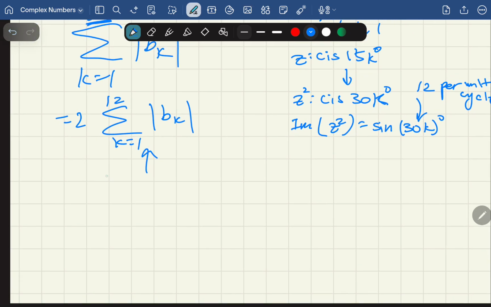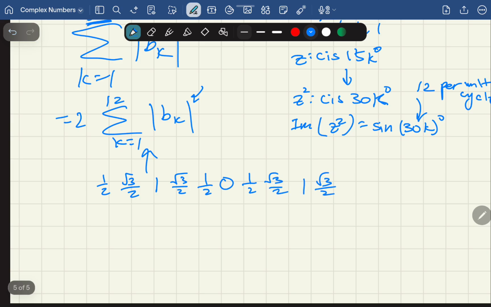If we start at k equals 1, that's going to be sine of 30, which is 1/2. And then, because we need the absolute value, everything's going to be non-negative here. So it's going to go to 1, and then go down to 0, and it's going to go into the negatives. But we take the absolute value anyway, and then we go back to 0 degrees, right?